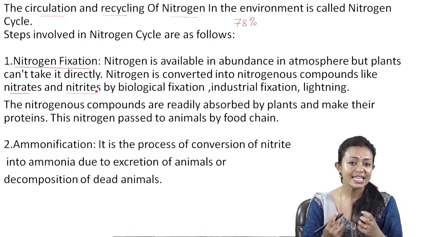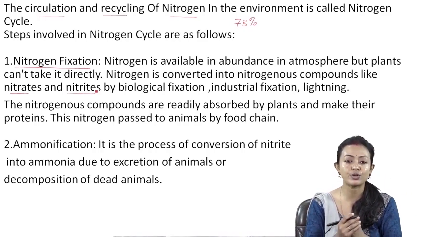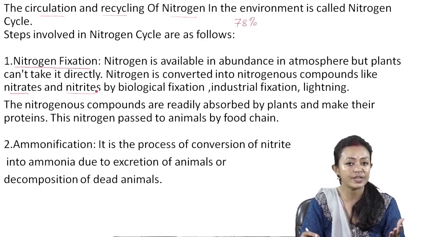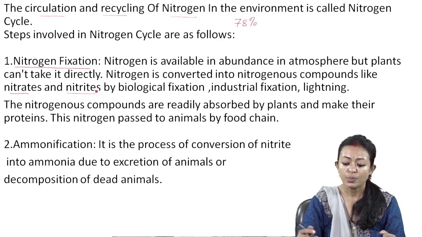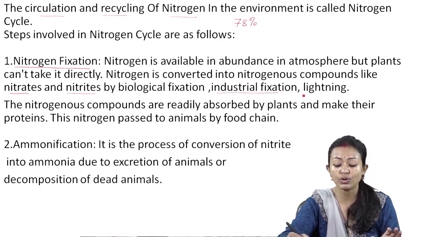So we find that the nitrogen which is there in the atmosphere comes through the process of nitrogen fixation done by nitrogen fixing bacteria. We also have other ways like industrial fixation or lightning.